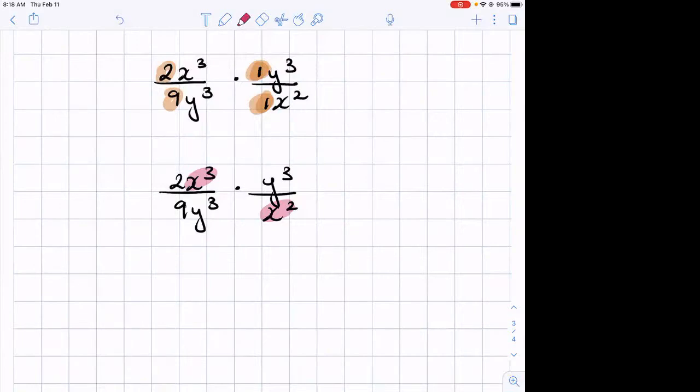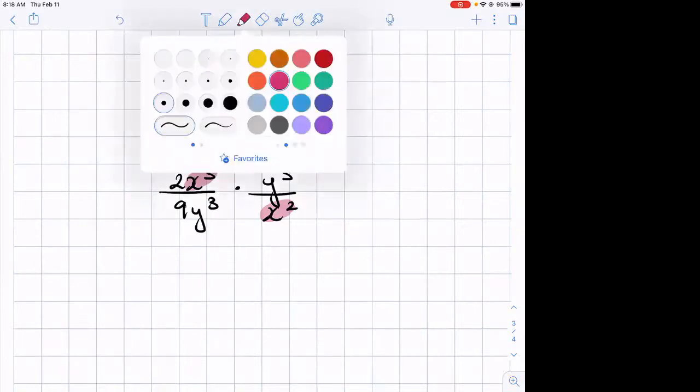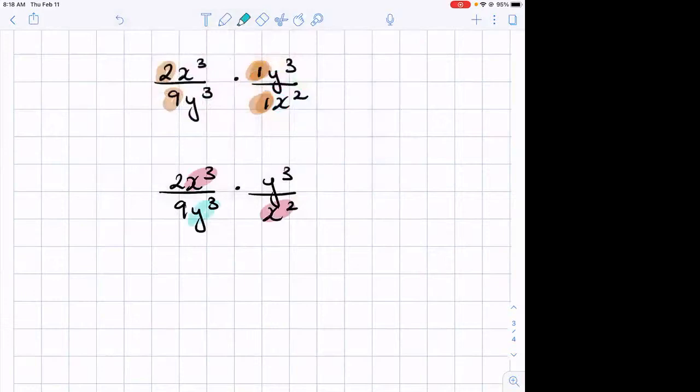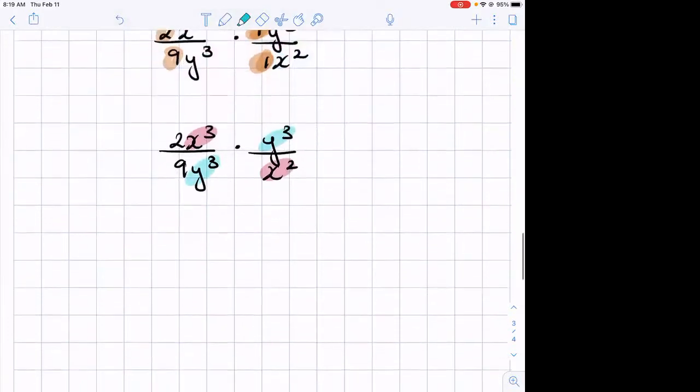And I can also simplify this y cubed and this y cubed. x cubed divided by x squared is 3 minus 2, which is x to the 1, which is just x.